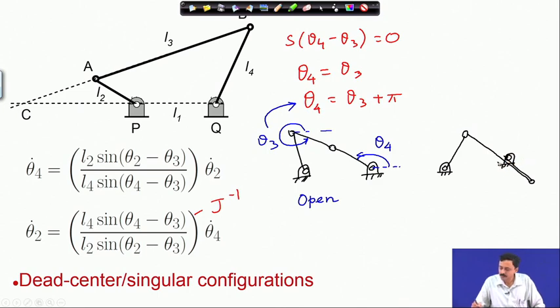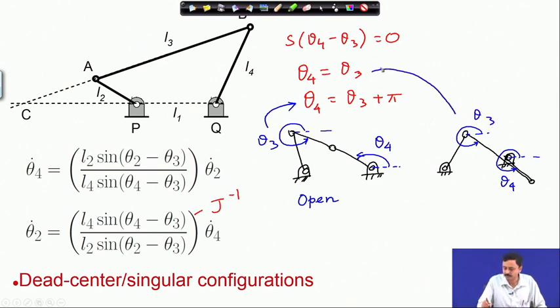So, here this is theta 4 and this is theta 3, and you can see that both are equal. So, this corresponds to the first solution theta 4 equal to theta 3. So, this is known as the folded configuration.